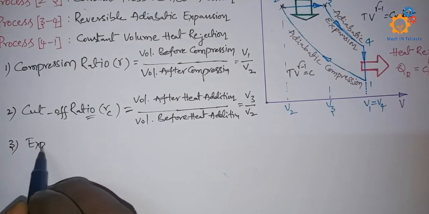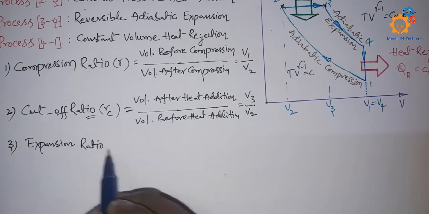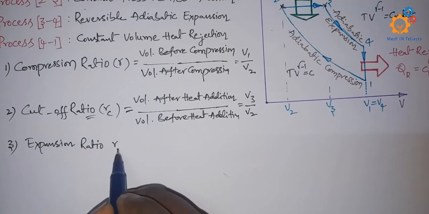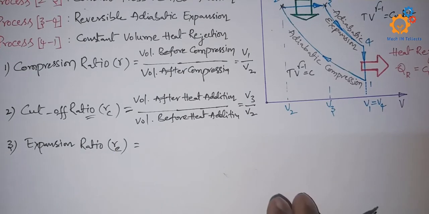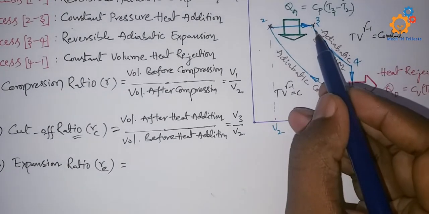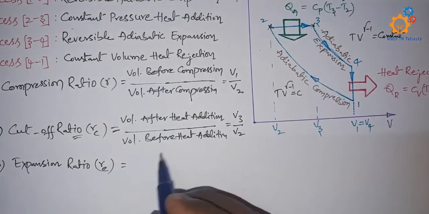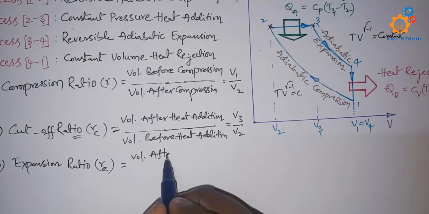Okay, and next we have another definition here, expansion ratio, and it is denoted by RE. We define this as volume after expansion by volume before expansion.